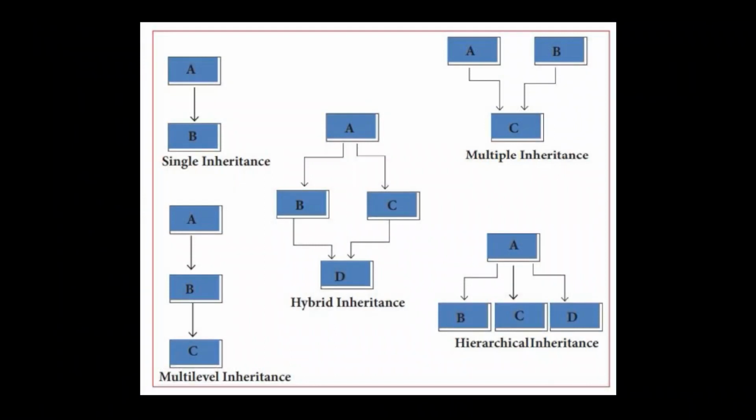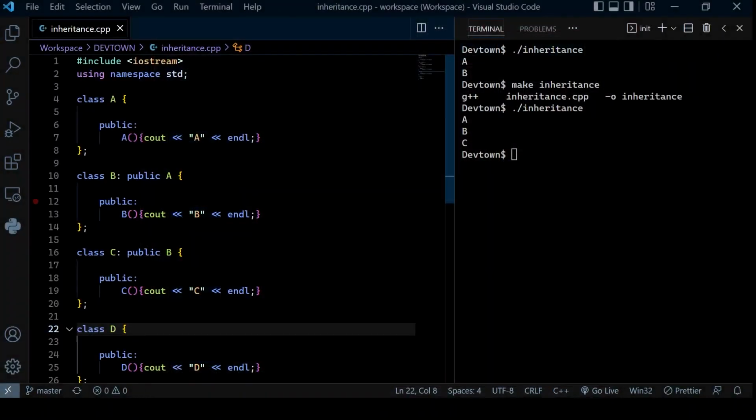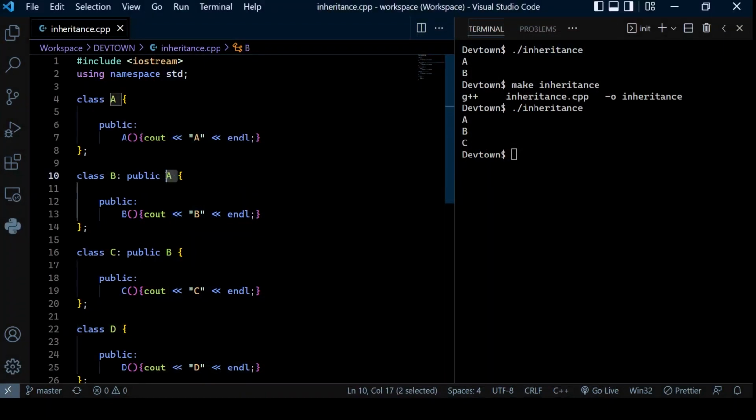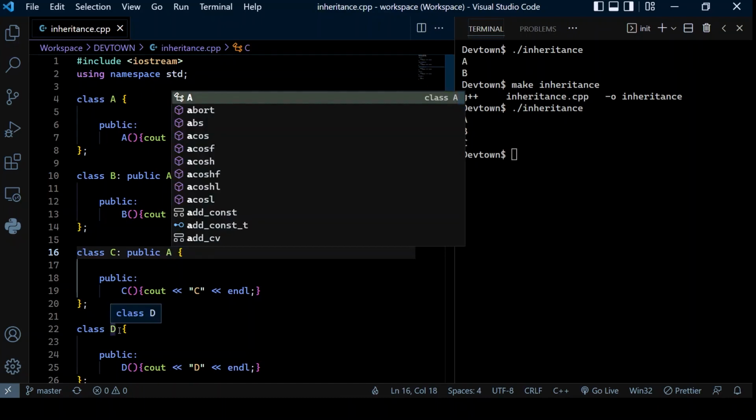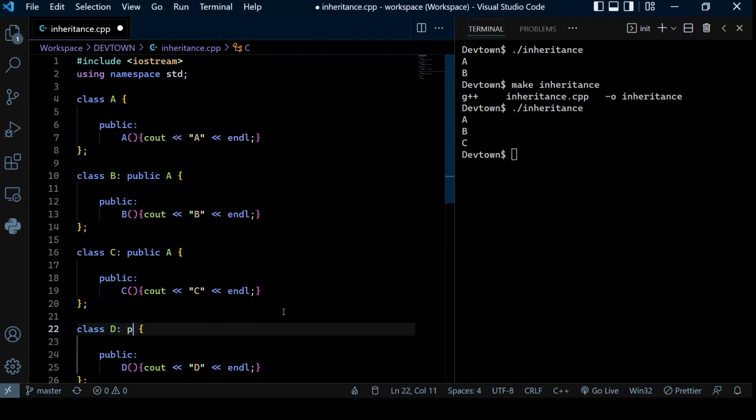Next, let's look into hierarchical inheritance. Hierarchical inheritance again is nothing but single inheritance done multiple times.